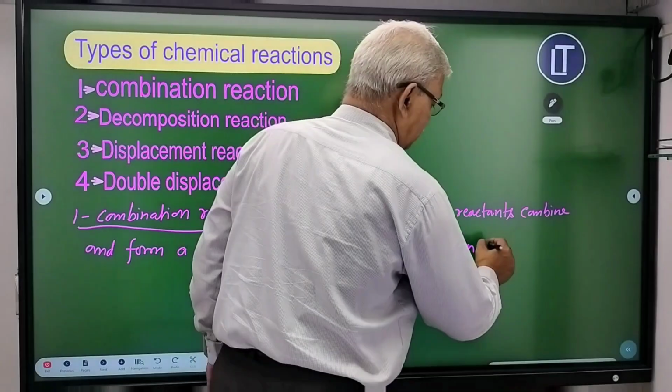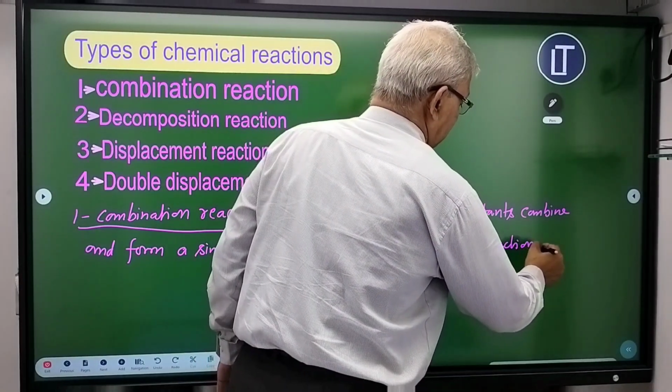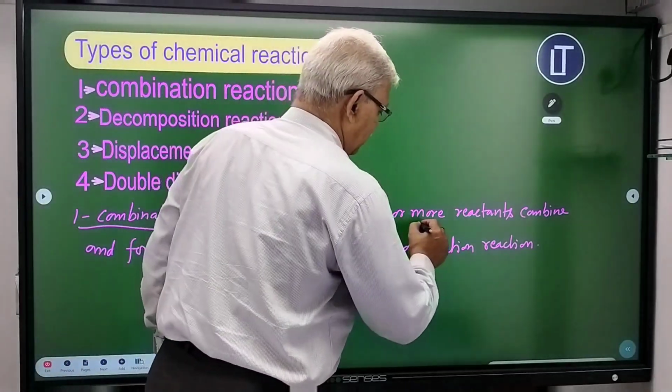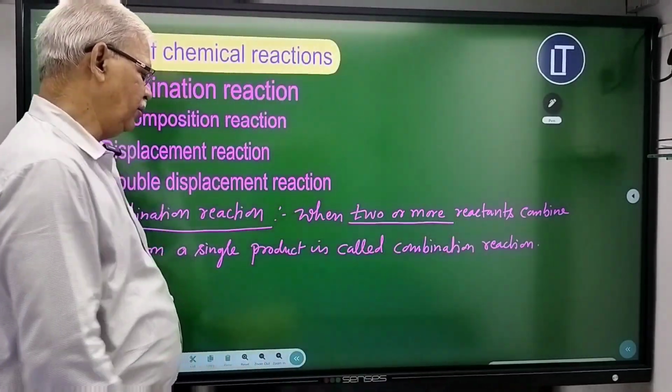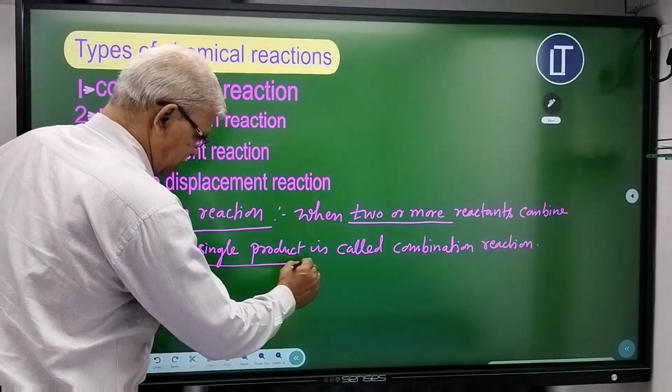Okay? Here, as given, two or more reactants combine, forming a single product.